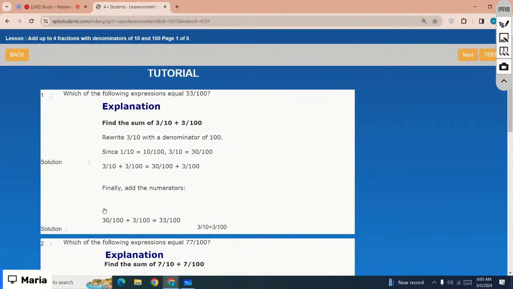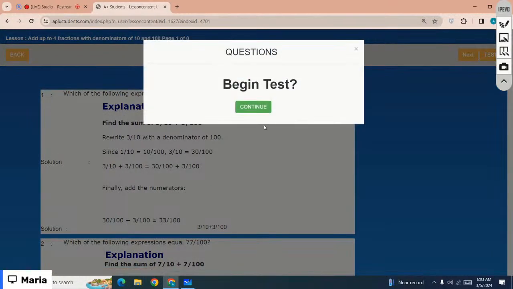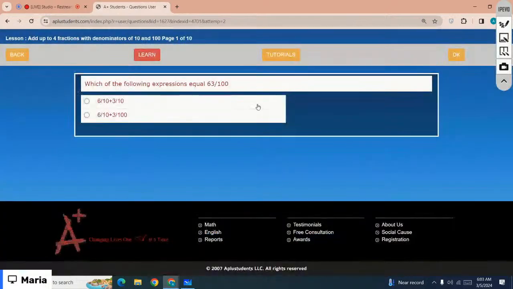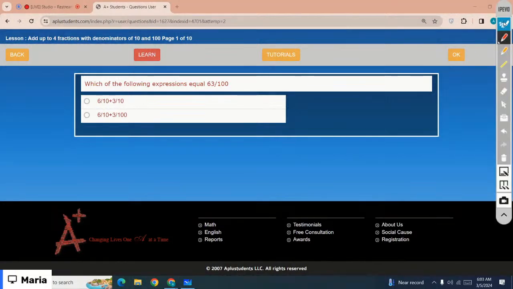The first example is, which of the following expressions equal 33 over 100? Here you are not given the options, so it is difficult. Okay, let's start with this one. Which of the following expressions equals 63 by 100? You need to find the one whose sum is 63 by 100.